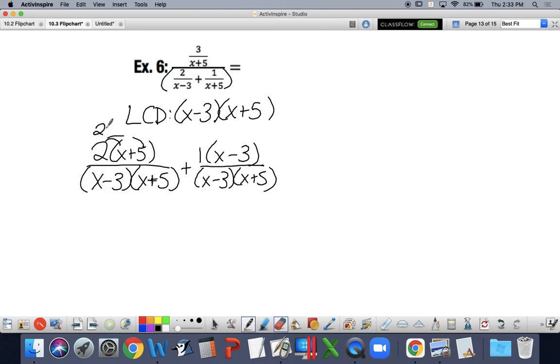Distribute this out. I have 2x plus 10. I'm going to add my numerators. So 2x plus another x, 3x, 10 minus 3. And I'm left with 3x plus 7.